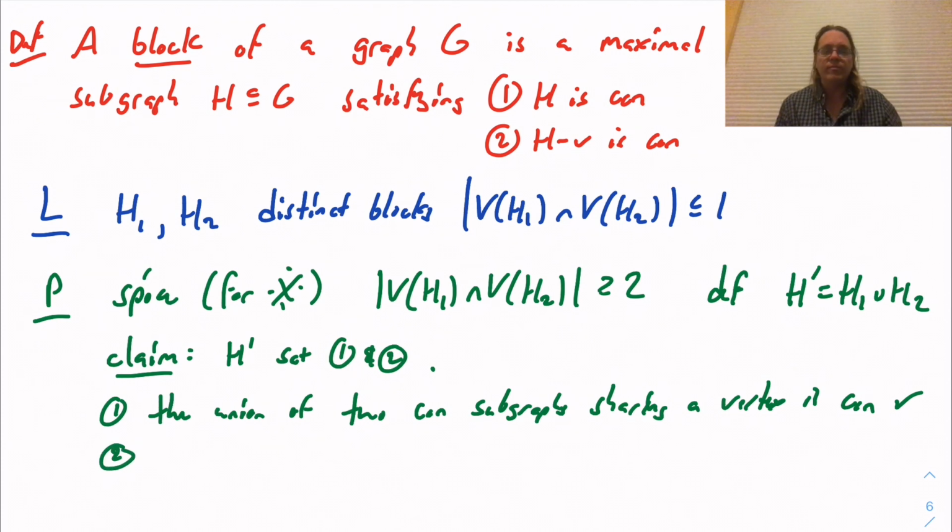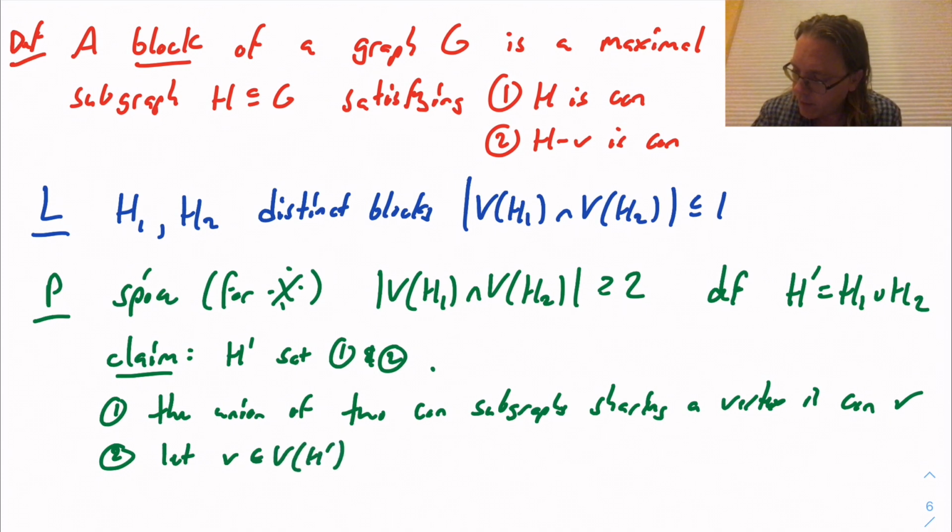How about 2? Well, let's take a vertex in H prime. So I have to show you that H prime is connected, and however you delete a vertex, H prime is going to stay connected. So good, okay, we've got it connected. Let's delete a vertex. So let V be a vertex of H prime. Now, what's going on? Well, let's look at H1 and H2. H1 has the property that however you delete a vertex from it, it will still be connected.